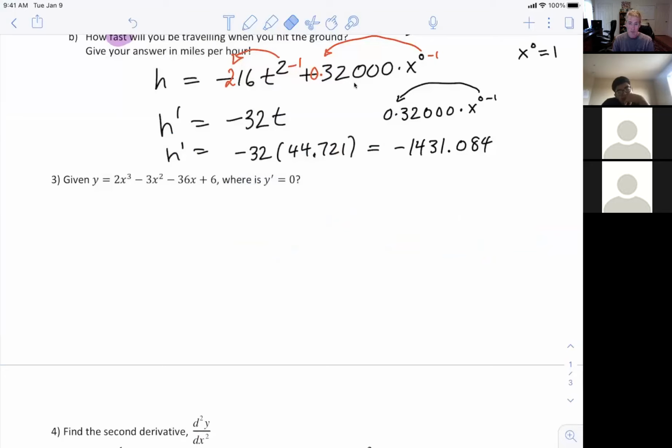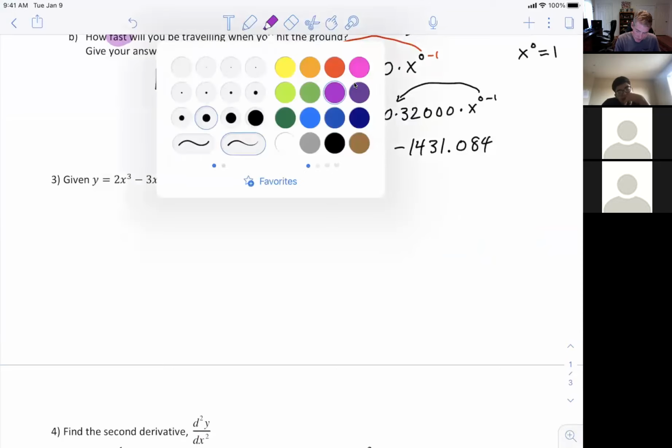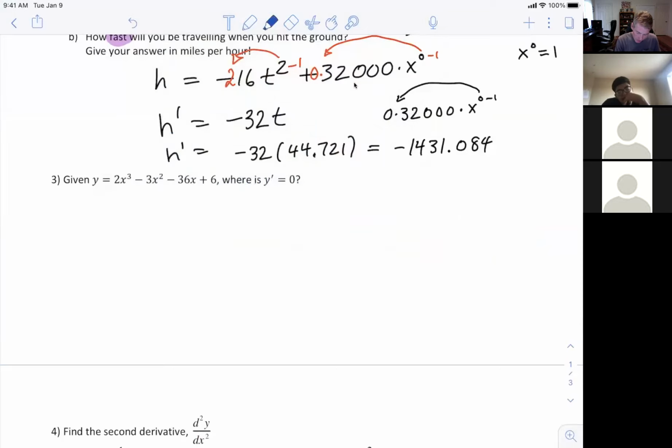So where is the derivative equal to 0 for this function? So first of all, use the power rule. So the derivative for 2x cubed: you bring the 3 in front and multiply, and then subtract 1. So that's going to leave 6x squared.